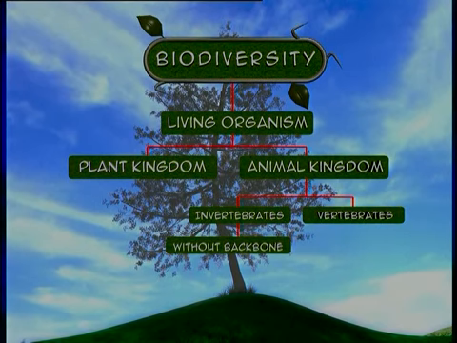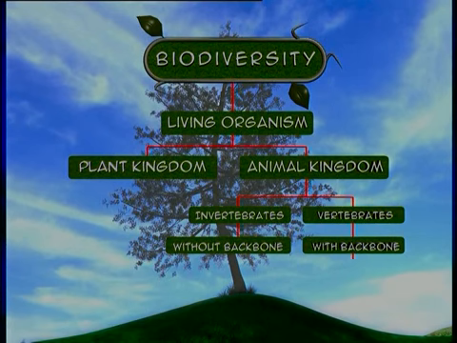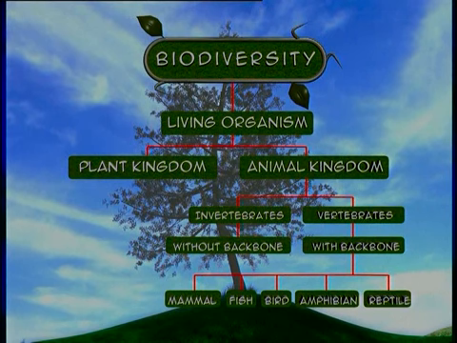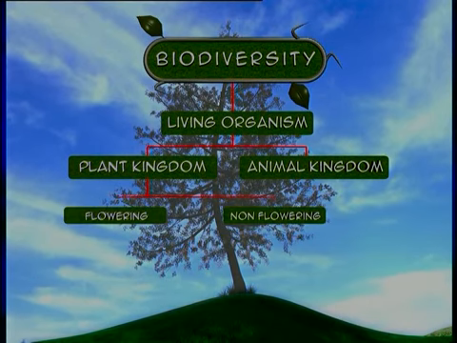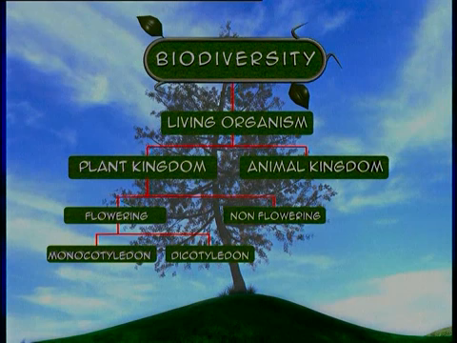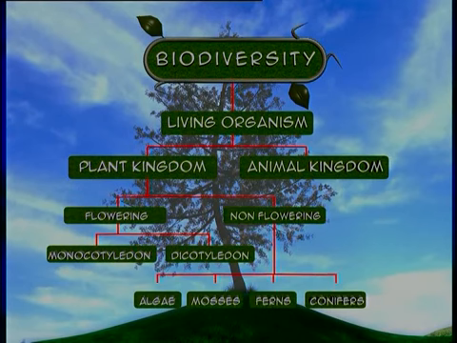Invertebrates are animals without backbones, while vertebrates are animals with backbones. Vertebrates are classified into 5 groups. They are mammals, fish, birds, amphibians, and reptiles. The plant kingdom is divided into 2 groups, flowering and non-flowering plants. Flowering plants can be classified into 2 groups, monocotyledon and dicotyledon, whereas non-flowering plants are divided into 4: algae, mosses, ferns, and conifers.